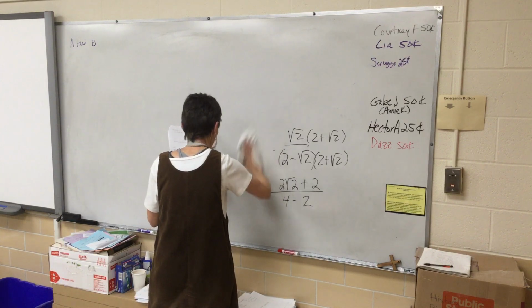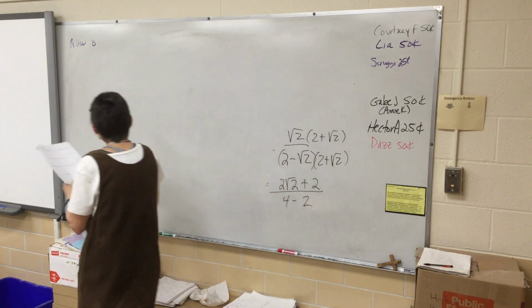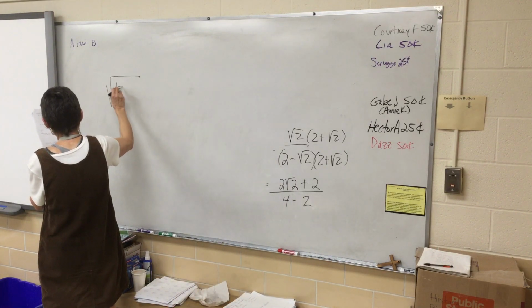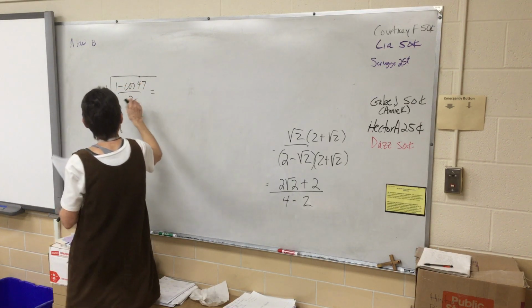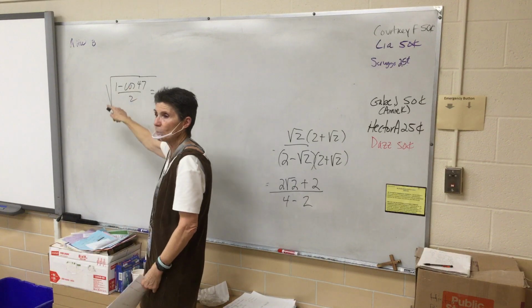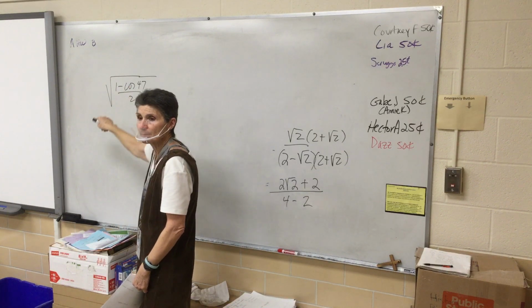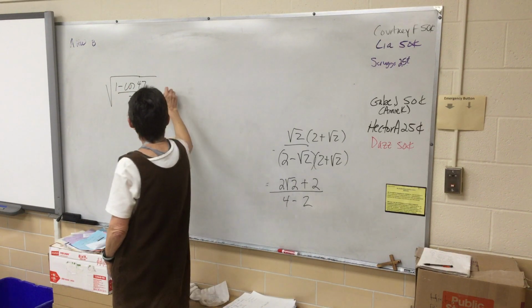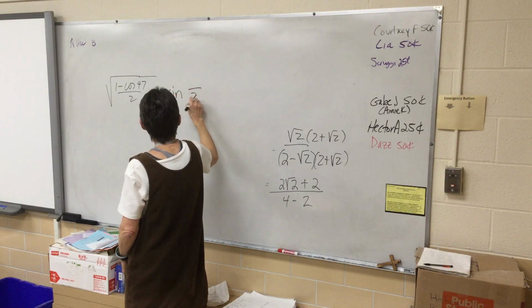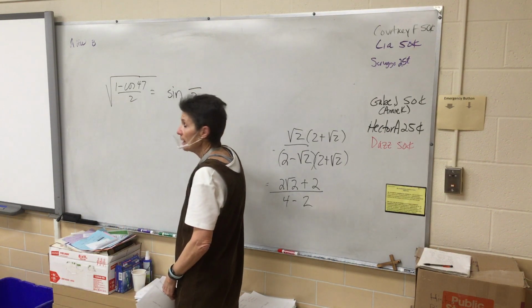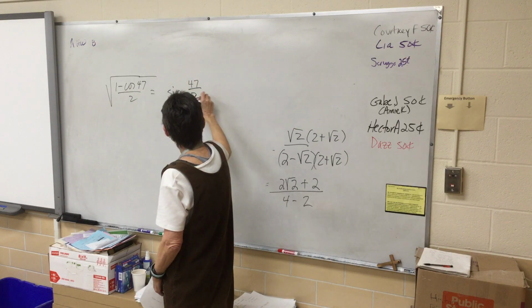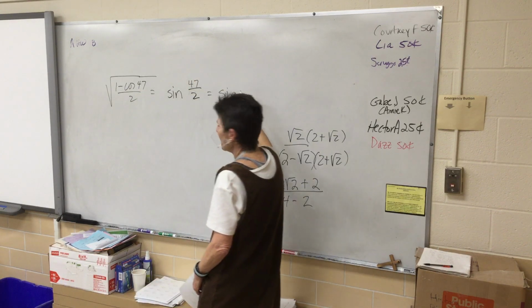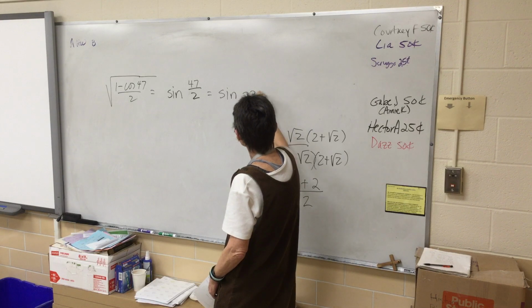So I've got the square root of 1 minus cosine 47 over 2. Where do you see that formula? What is that the formula for? Sine something over 2, and the something is 47. So this is the formula for the sine of 23.5.